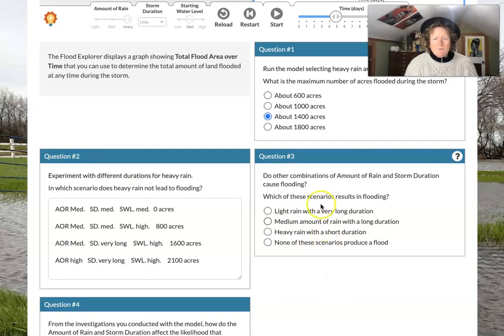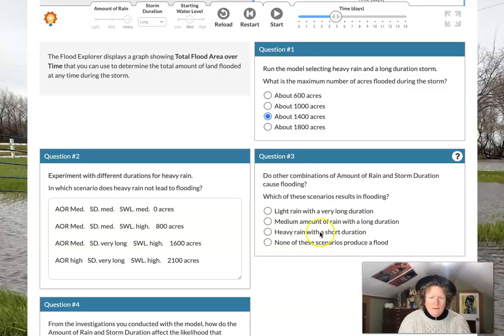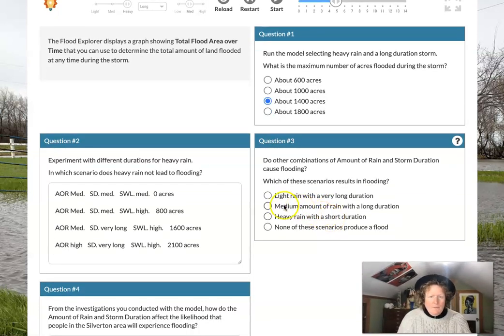Do other combinations of amount of rain and storm duration cause flooding? Well, let's just reason this through from our real life experience. If it's just a very light rain and it rains for a whole week, nothing around here in Minnesota floods. Medium amount of rain with a long duration, if it's a good solid rain and it lasts a week, yeah, you can be in trouble.